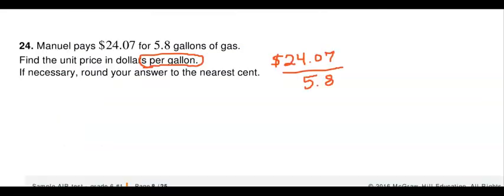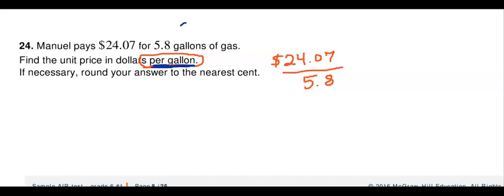24, Manuel pays $24.07 for 5.8 gallons of gas. It says find the unit price in dollars per gallon. So you guys can see that I actually highlighted per gallon.